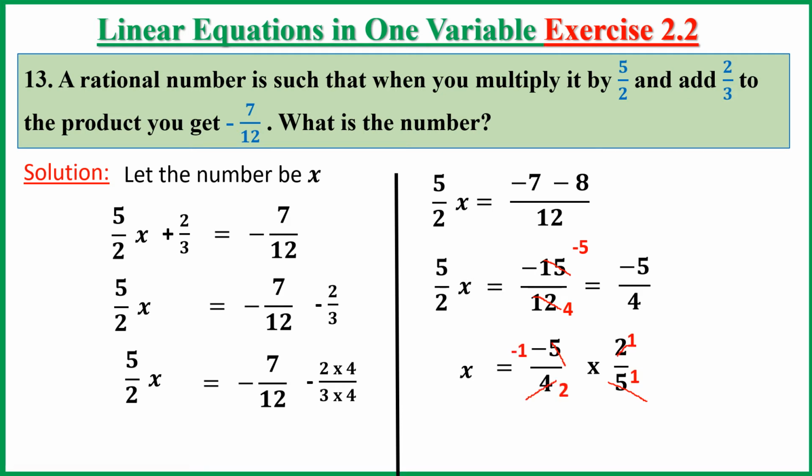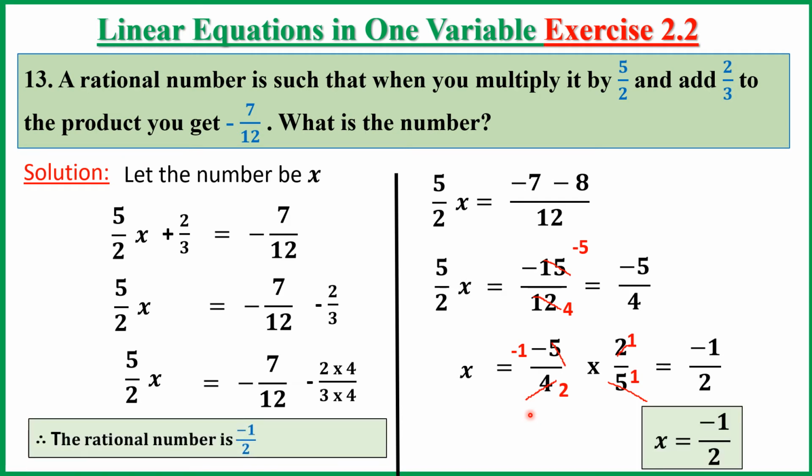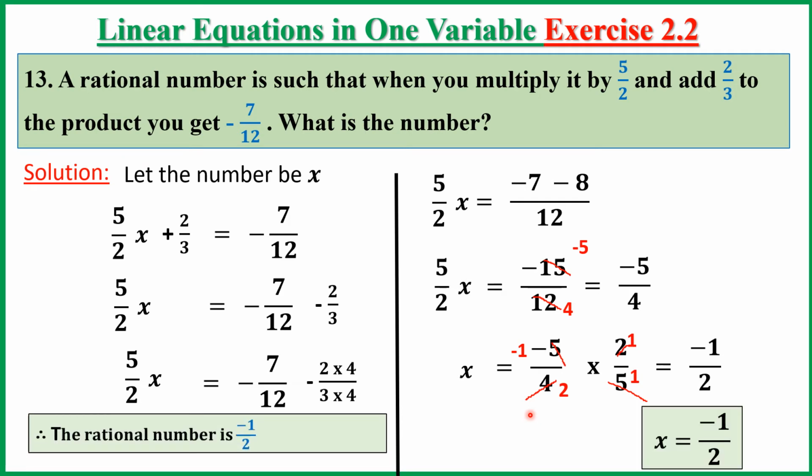Okay, so x is equal to minus 1 into 1. Minus 1 into 1 is minus 1 and 2 into 1 is 2. So x is equal to minus 1 by 2. So we found the value for that number. Therefore, the rational number, they asked for the rational number, is minus 1 by 2.